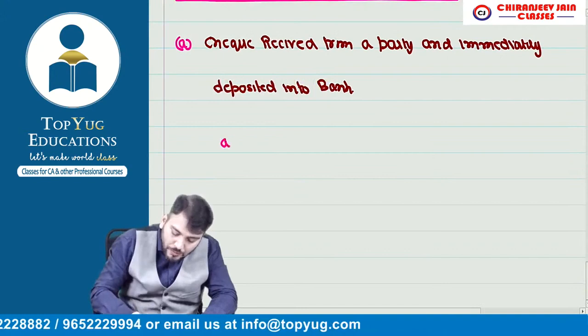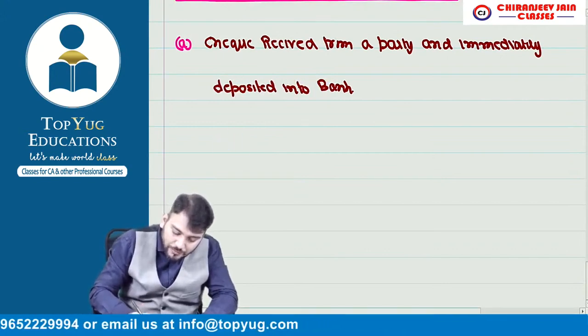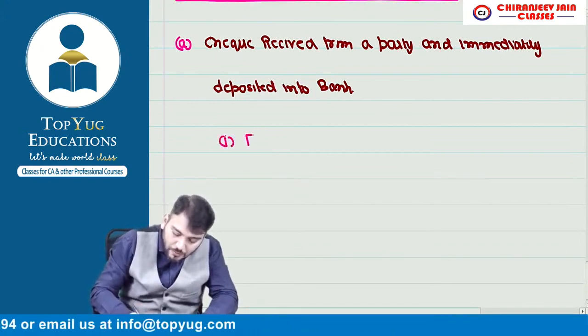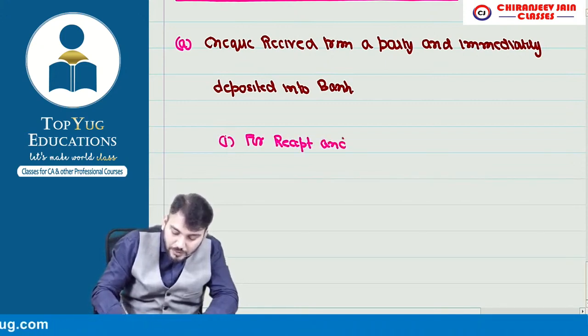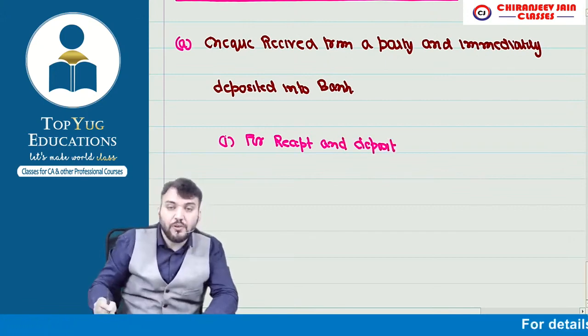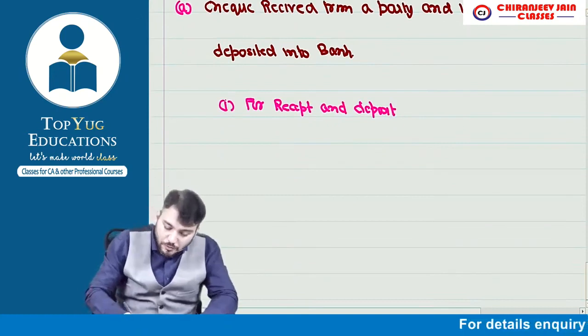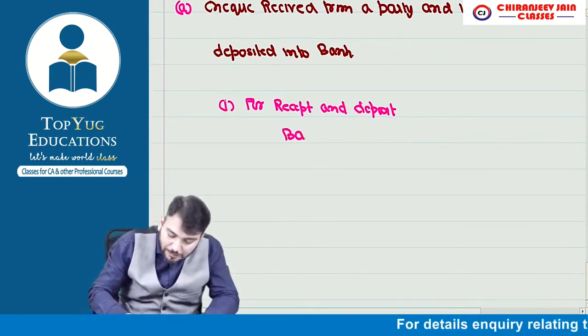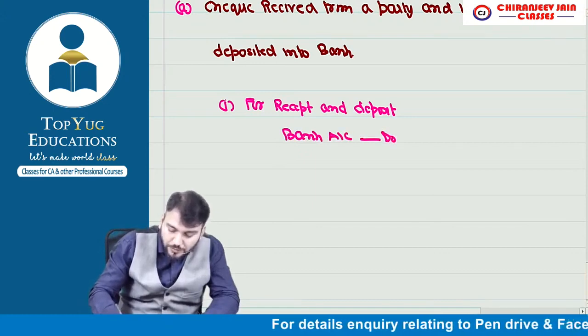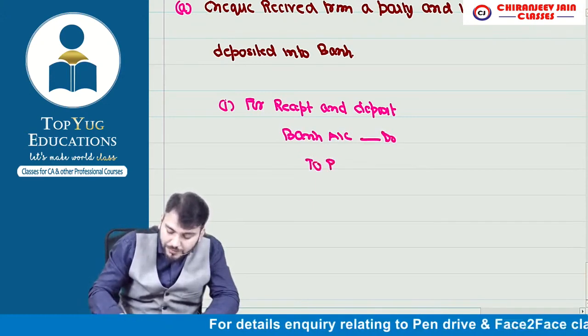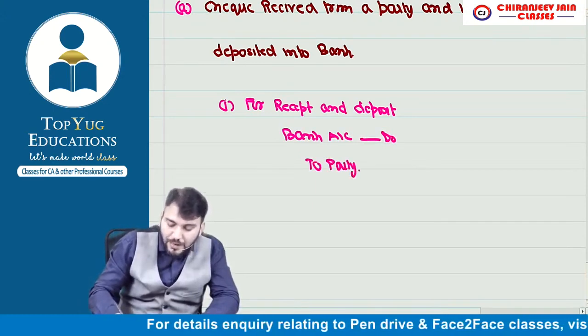Look, point number 1, for receipt and deposit, both are happening together. For receipt and deposit, what journal entry? Journal entry is bank account debit to party, whatever party we have.